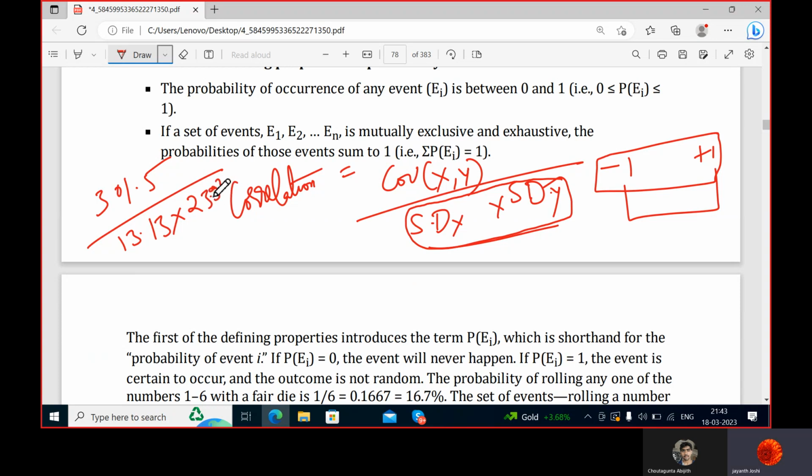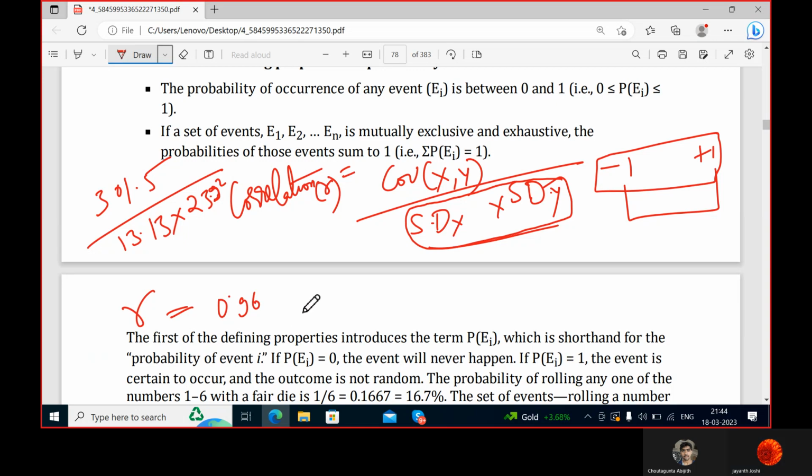Just divide and tell me what's the answer you're getting. Correlation is denoted by R. So R is equal to 0.96.